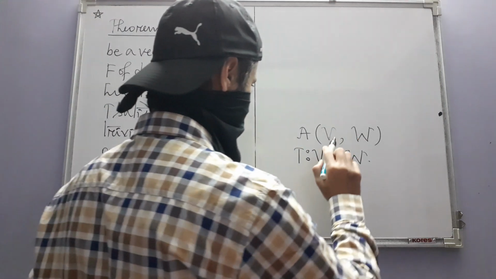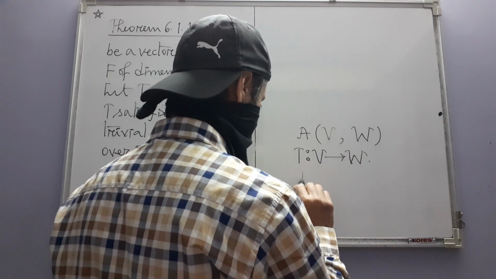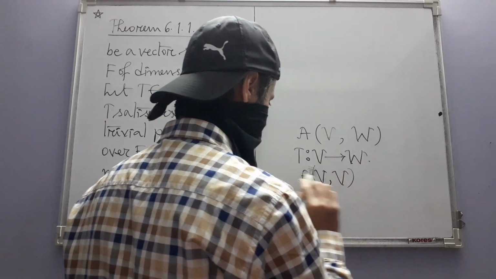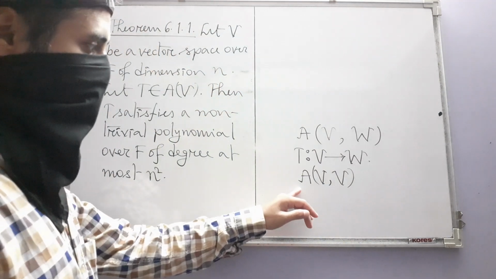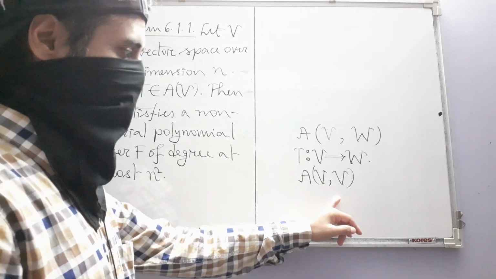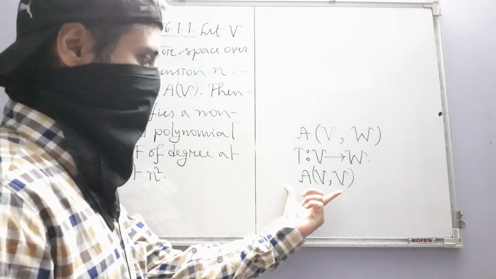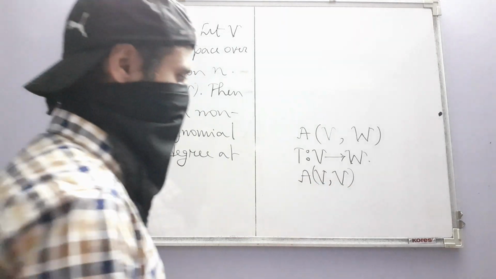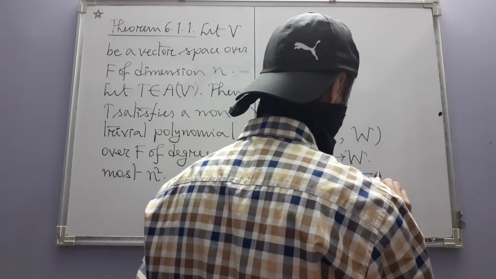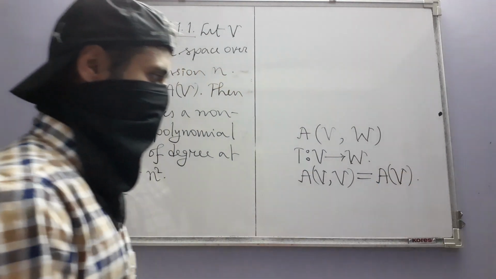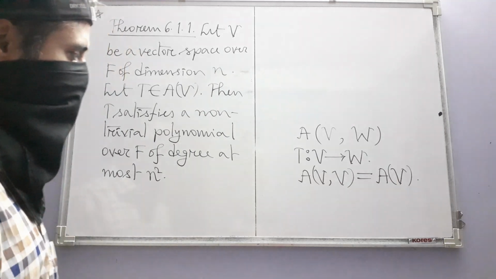But in the special case where these two spaces are the same, we have also introduced a multiplication of two linear transformations, which is just their composition, and that turned this into an algebra over the underlying field. And in fact, this is the thing we are denoting more briefly by this notation A of V.